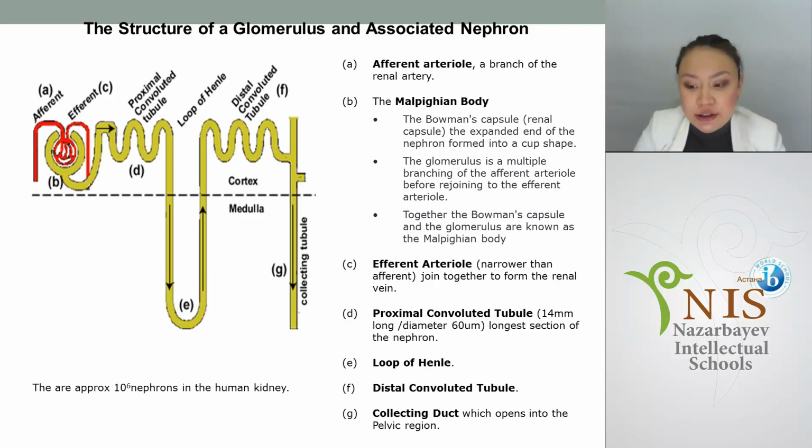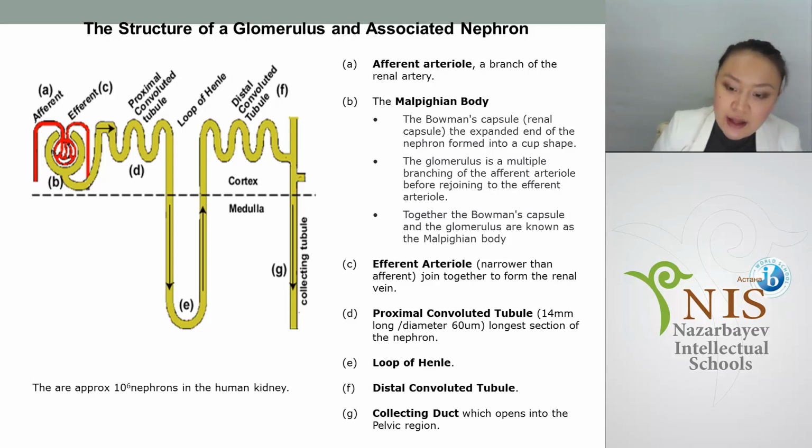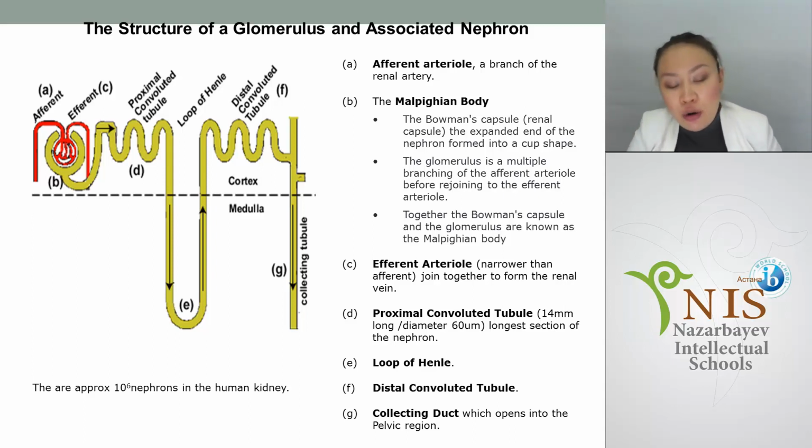Label C, efferent arteriole, narrower than the afferent, joins together to form the renal vein and goes into the vena cava. D, proximal convoluted tubule, 14 millimeters long, diameter is 60 micrometers. It is the longest section of the nephron.